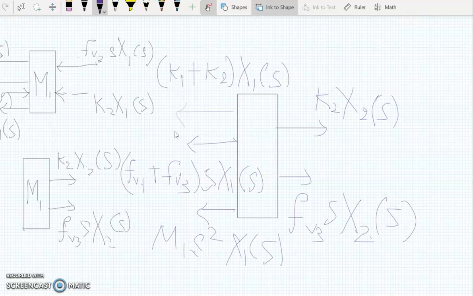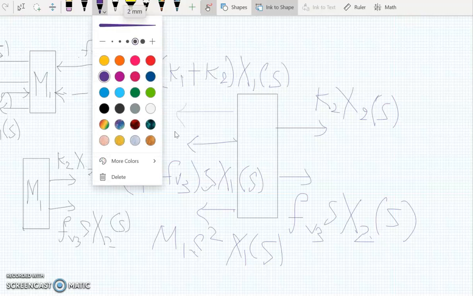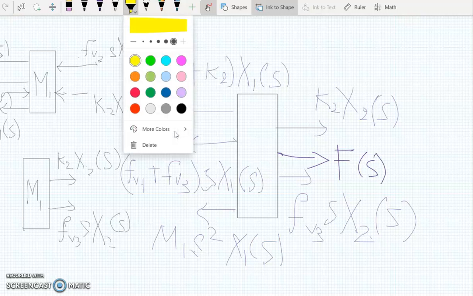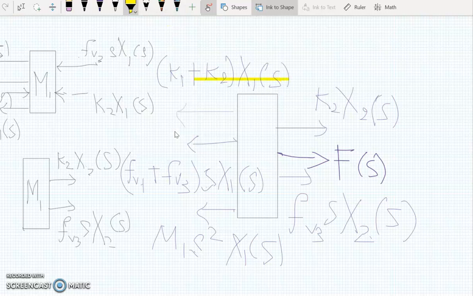But remember you've got that F(s) as the input, which goes this way. So all of these are the forces that we want to include in our equation of motion.